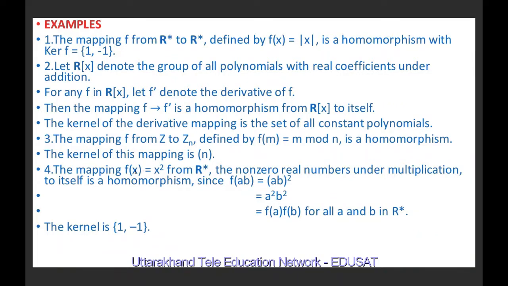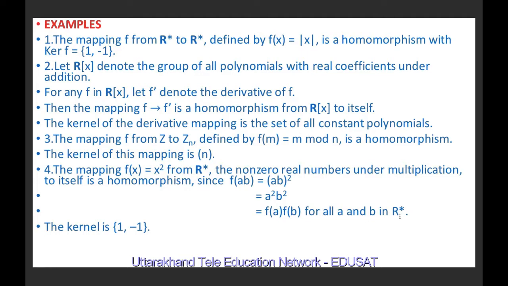The mapping f(x) = x² from R*, the non-zero real numbers under multiplication, to itself is a homomorphism. Because f(x) is defined to be x², f(ab) = (ab)², and (ab)² is nothing but a²b², and a² is f(a) by definition f(x) = x², and b² is f(b), for all a, b in R*.